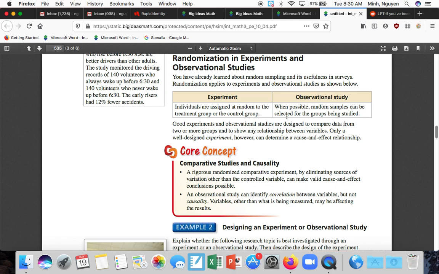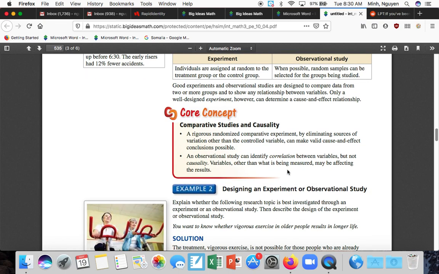You're not sure if there are other factors or variables impacting the outcome. But if an experiment is well-designed, there's only one thing different that you are putting on them, and these other factors are not going to be a big deal because you've designed the experiment well.